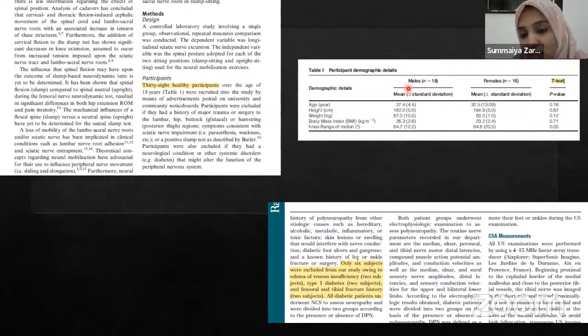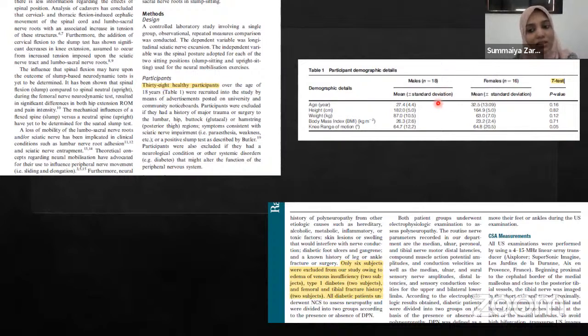Okay, 18 and 16, and they applied a t-test for two groups, males and females. You can't do that. If you are reporting your sample size is 38, and if you want to keep two groups, each group should have 38 participants, and you can't make your own subgroup. Okay, so this is not how it is done.